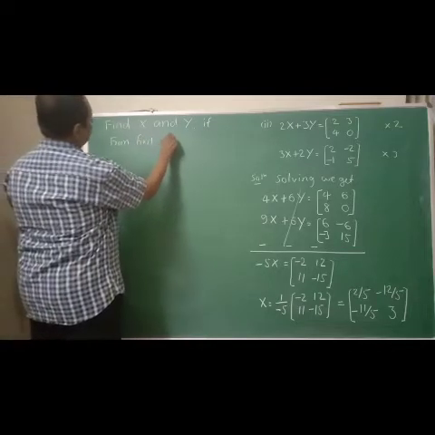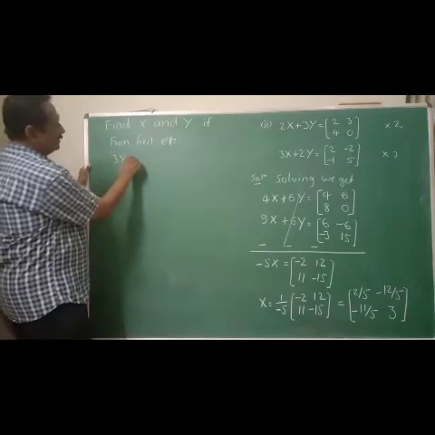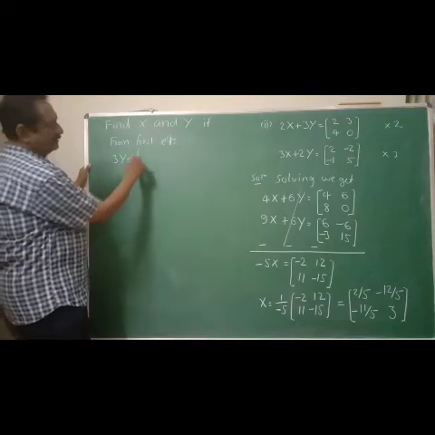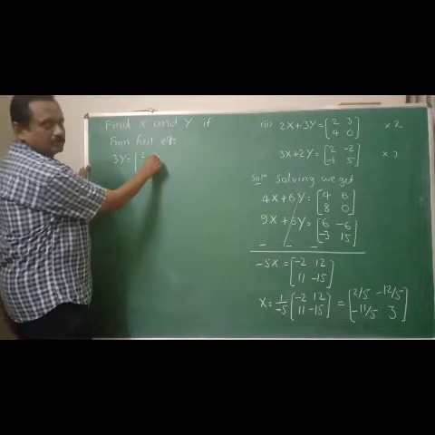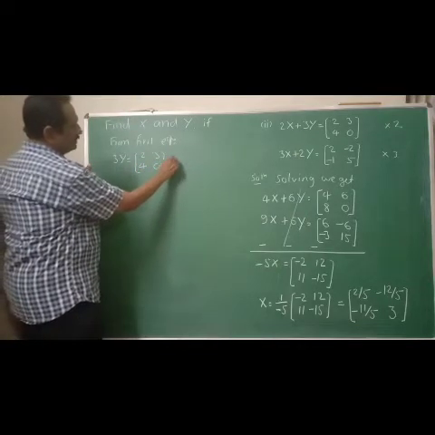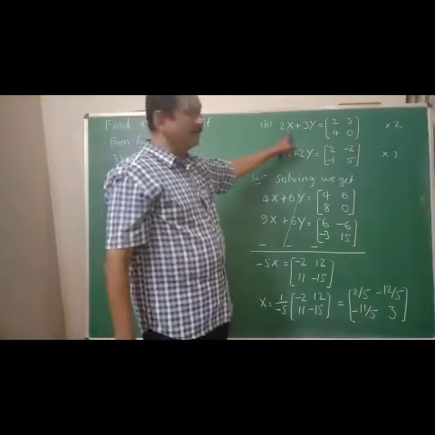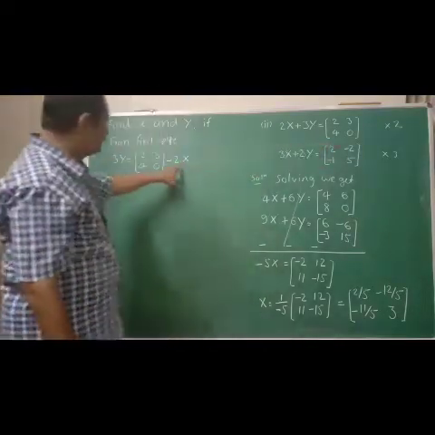From the first equation, 3y is equal to the matrix [2, 3; 4, 0] minus 2x. I am taking this 2x from the right-hand side, so it becomes minus 2x here.